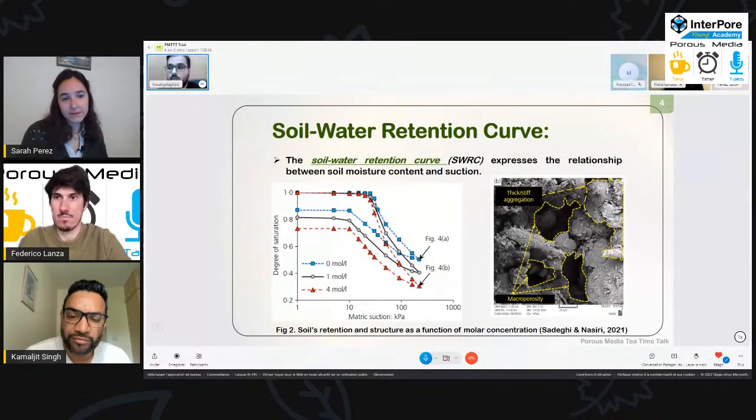Most of the existing modeling approaches have the shortcoming of ignoring the impurity of the permeating aqueous fluid through the porous structure by simplifying it with distilled water. But the inclusion of water salinity in a reliable model cannot be denied, as a recent experimental measurement proved the significant role of fluid salinity on SWRCs, as you can see in these two figures. So increasing salt solution concentration could increase macropore size and eventually decrease the water retention capacity in a matrix suction plane, as you see in these figures.